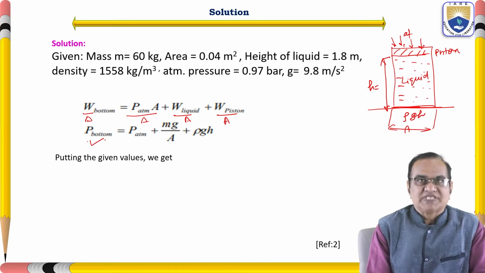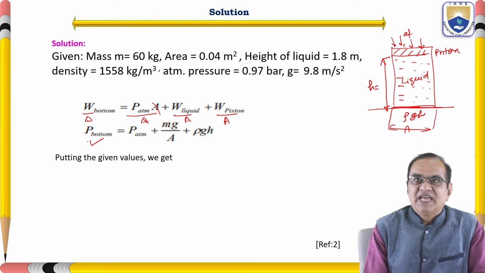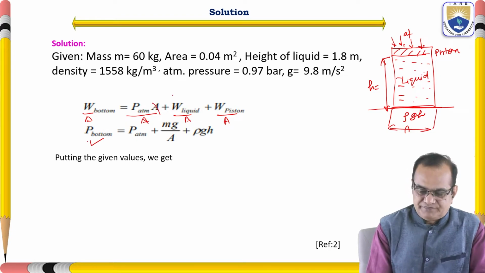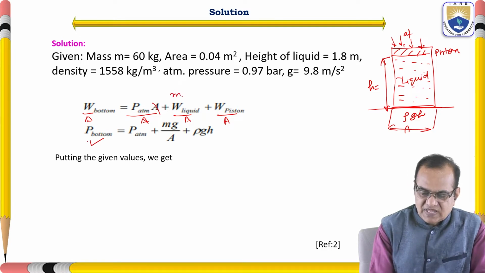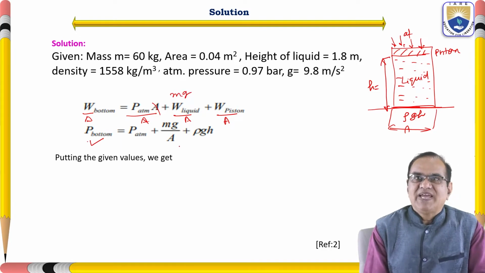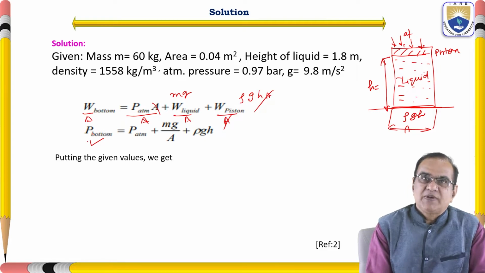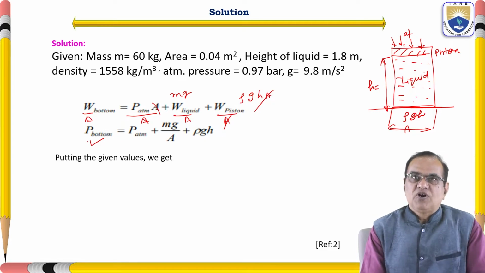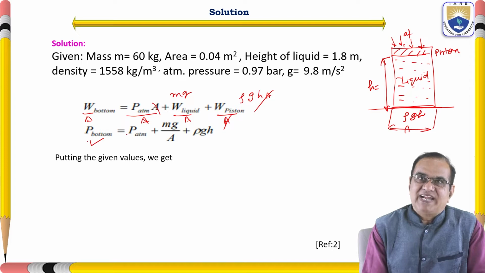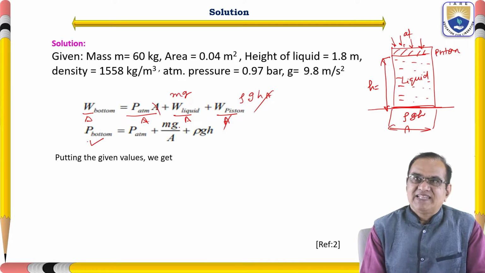Here the areas cancel: P atmospheric, plus mg by A, and rho G H A, where A is cancelled, so rho G H. So the pressure at the bottom is equal to the summation of the atmospheric pressure, plus mg by A, that is the piston weight, plus this, the fluid weight.